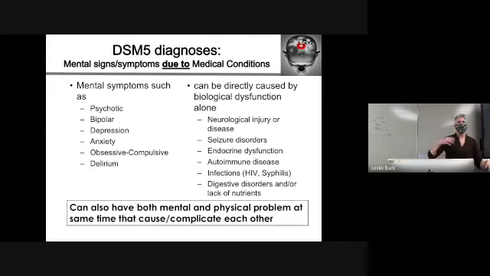You can actually have both a mental and a physical health problem at the same time, right? So I could have Alzheimer's disease that's attacking my brain and also not be eating well and have a vitamin deficiency that's actually complicating things and making it worse, right? So you could have two of these things overlapping.